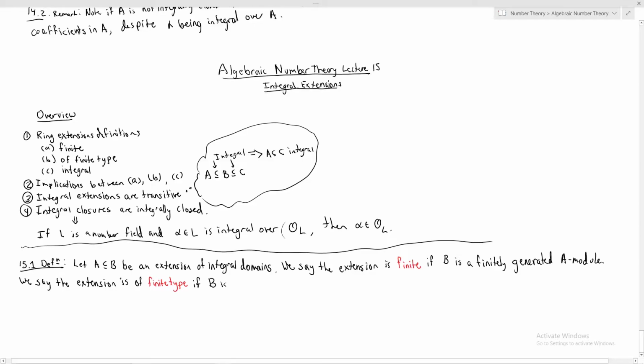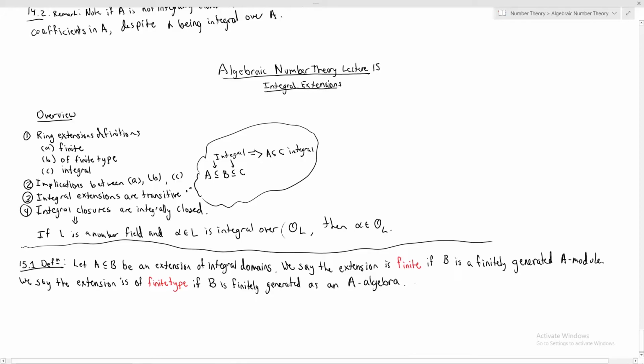If B is finitely generated as an A algebra. Okay, so the difference is now that basically I'm allowing products of the generators as well, rather than just A linear combinations. And I'll give an example of differentiating this finite from finite type condition.